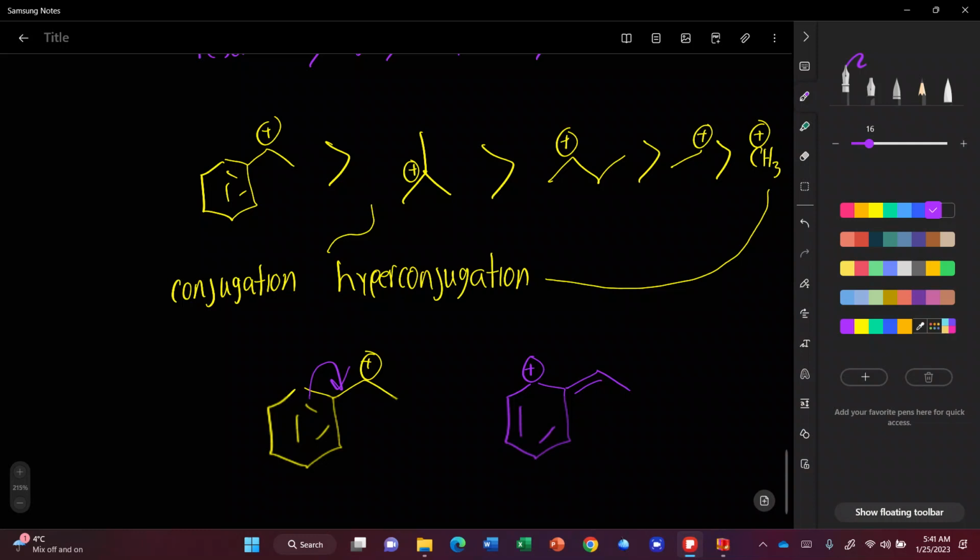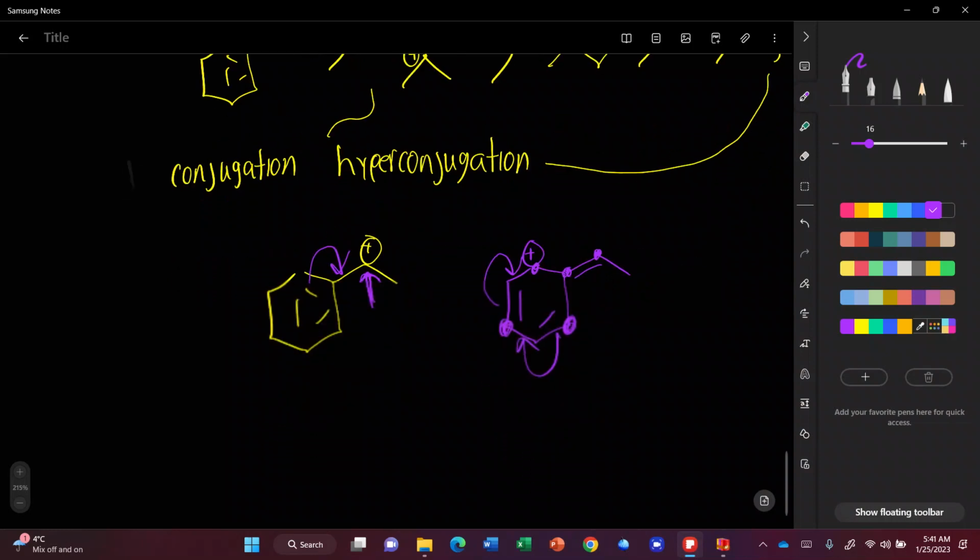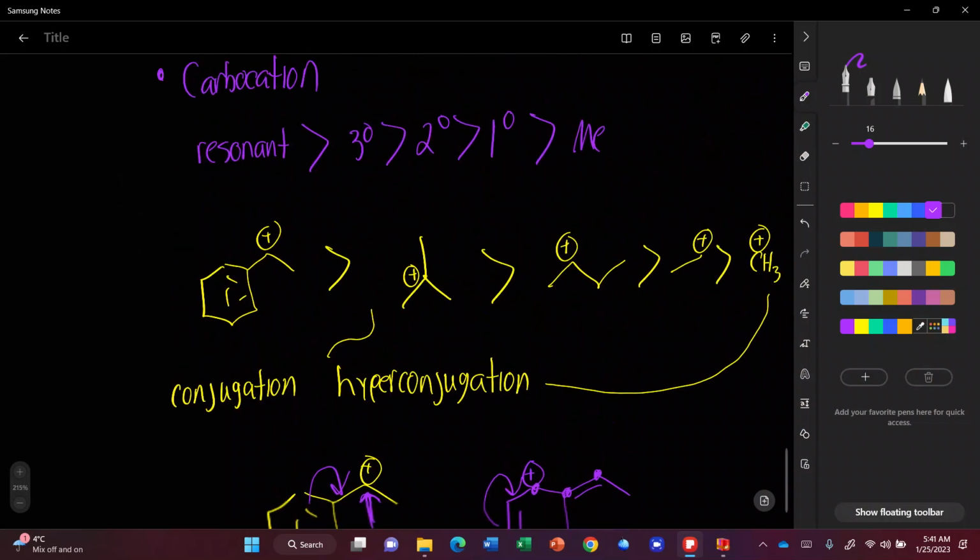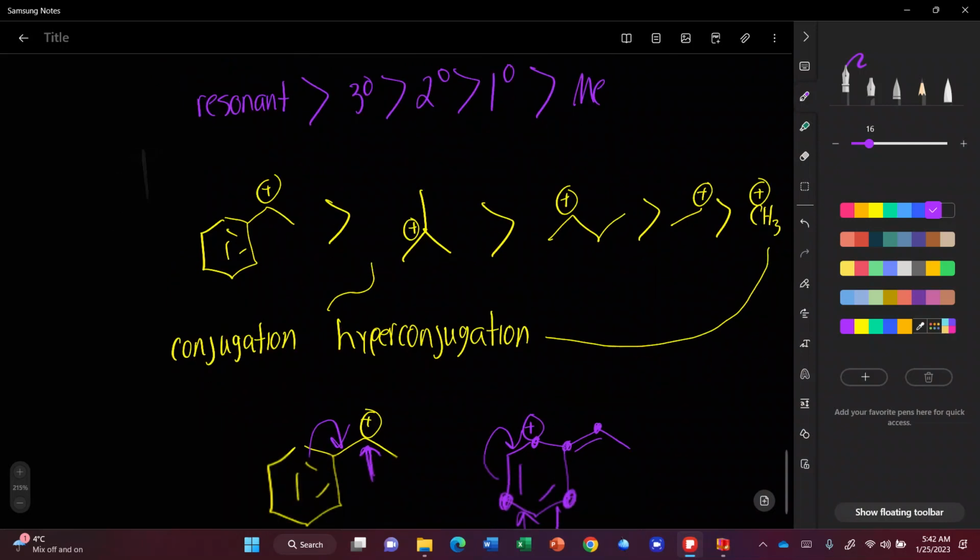Instead of being confined on this atom, it's now spread out over a 1, 2, 3 atom framework. I could draw another resonance structure where the positive charge winds up on this carbon, and a fourth where it winds up on this carbon. If you don't believe me, you could try to draw them out yourselves. But the point is, resonance is the most stable carbocation, followed by tertiary, followed by secondary, followed by primary, followed by methyl, right?